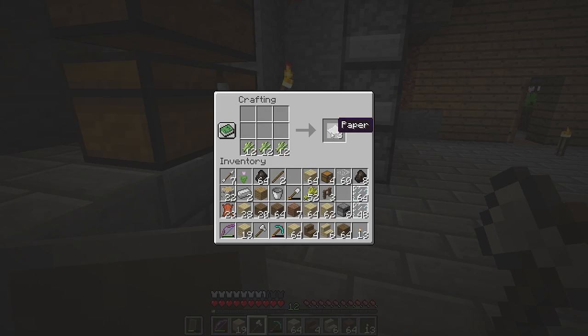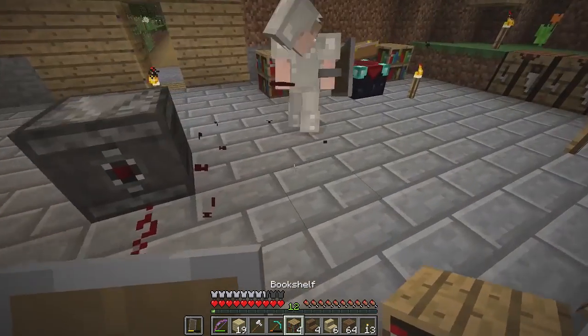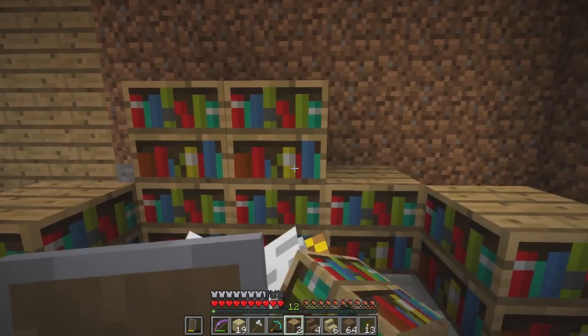So let's see. If I put this here, boom, and then I put a piece of redstone. I don't remember which side is which, though, is the problem. Okay, well that was easy. It only goes in one direction. So if I just put this down, yep, there it goes.